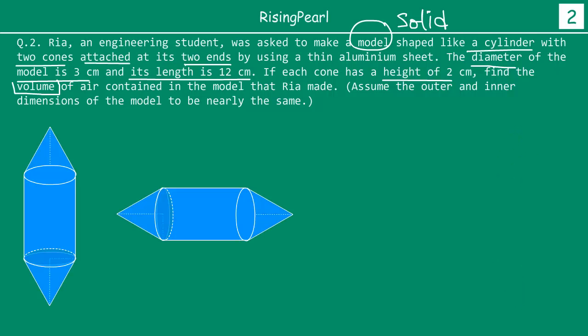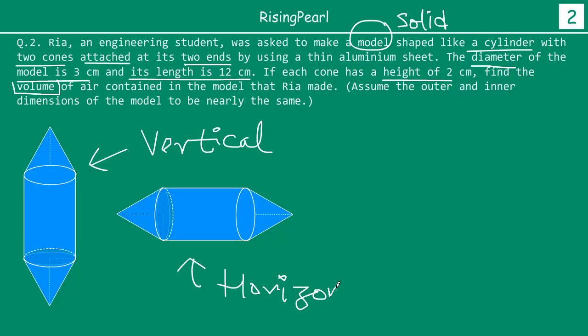It is also important to understand that instead of standing up in a vertical position, our model can also look like this, lying down in a horizontal position. Let's call this A and this is B. It does not matter whether the model looks like A or B, they are the same when it comes to the volume of air contained inside.